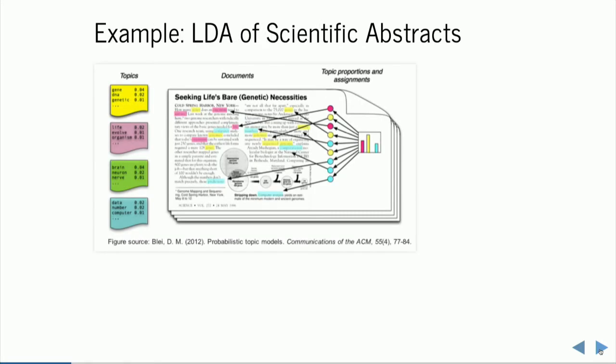Somewhere in the 1990s, the latent Dirichlet allocation, or LDA method, became popular. And this is a model that is going to essentially, in an iterative process, using Bayesian techniques, read in a corpus, or more specifically, our document term matrix.